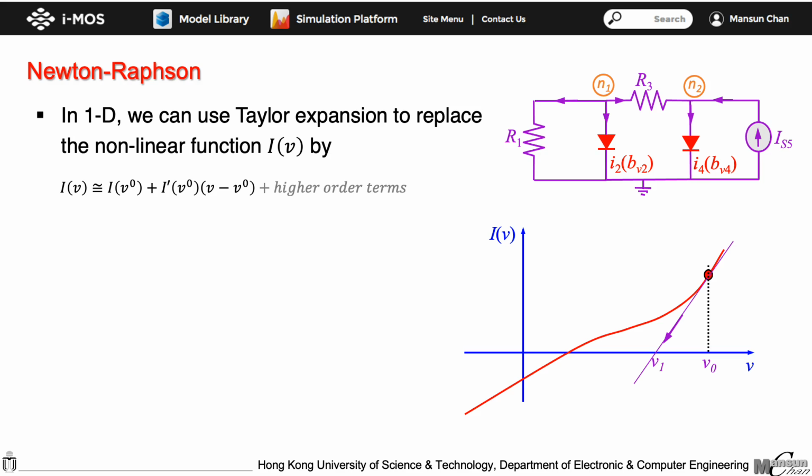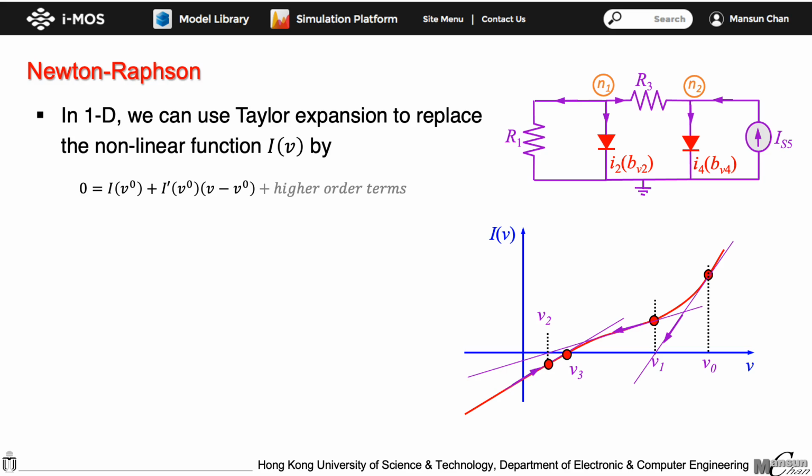Obviously, it is not correct, but it is closer to the solution. So we further use V1 as a guess and expand the function around it. It will be a better approximation around the solution. The process continues, and each guess will be closer to the solution. Going back to the equation, we can solve for the next guess by equating the approximate equation to 0 when the current guess V0 is given.